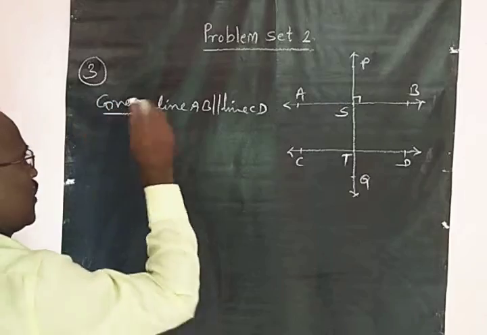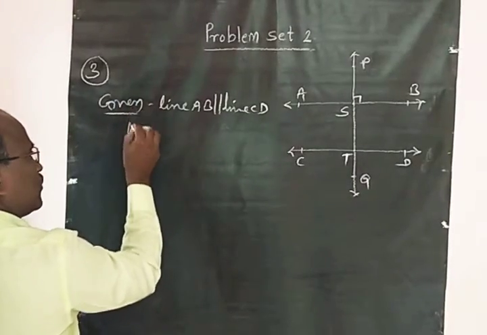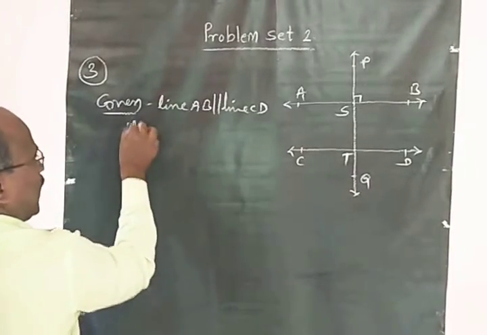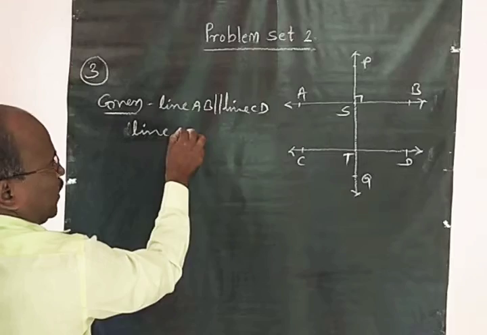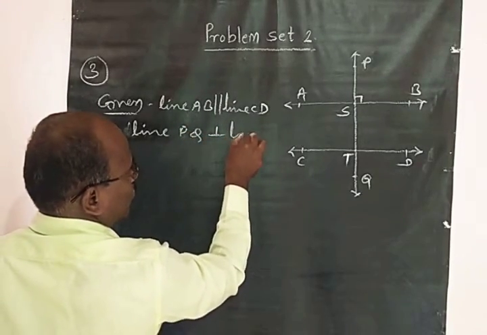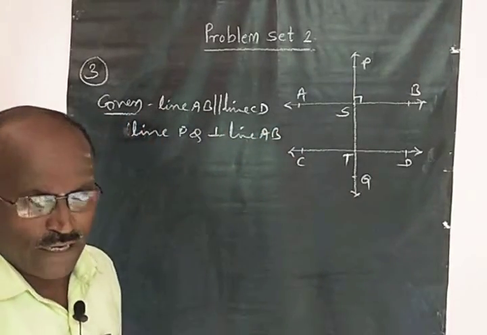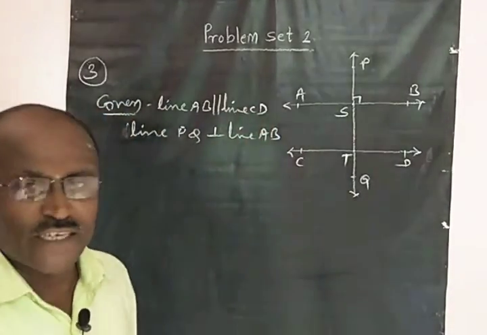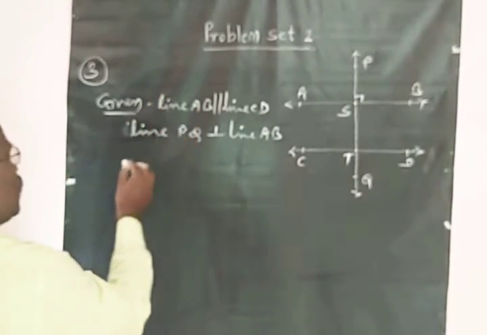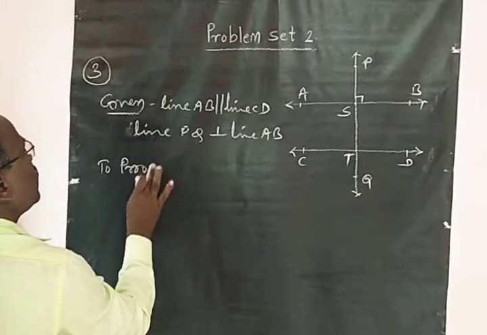Okay, and line PQ is perpendicular to line AB. दोन्ही पैकी एकाला परपेंडिक्युलर आहे, कुणालाही दाखवा, AB ला तरी घ्या किंवा CD ला तरी घ्या. ओके, त्याला पॅरलल आहे, परपेंडिक्युलर आहे. व्हॉट इज टू बी प्रूव्ह हियर? टू प्रूव्ह, व्हॉट इज टू प्रूव्ह?